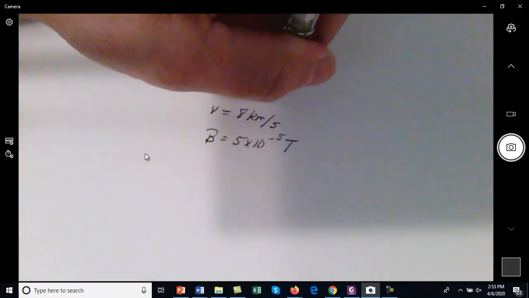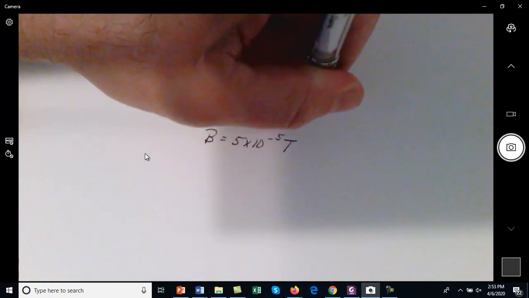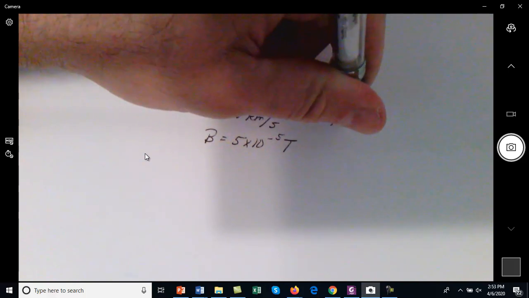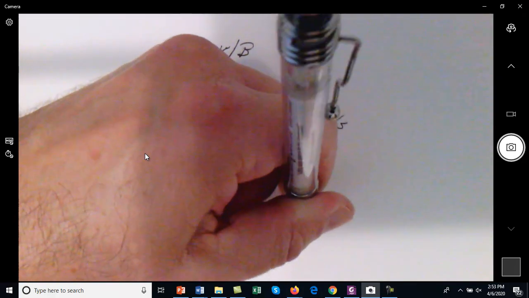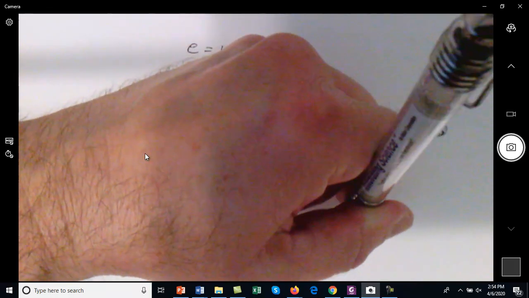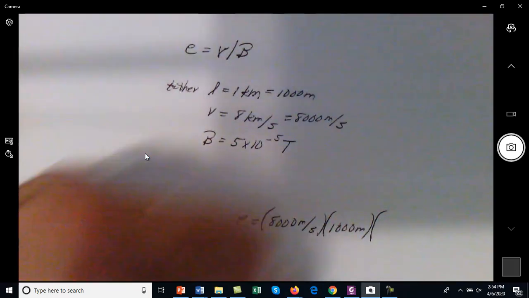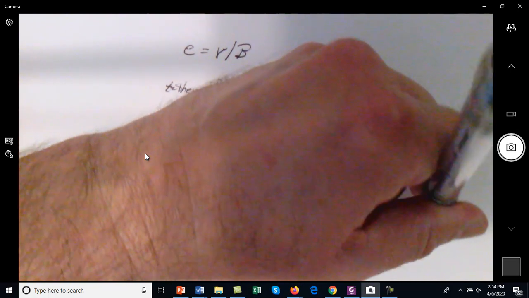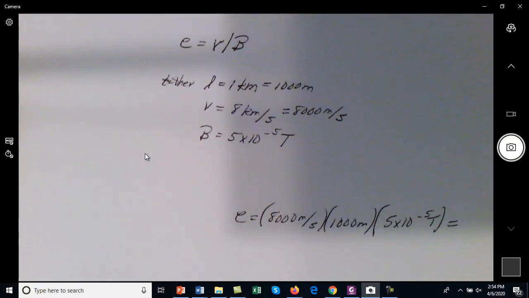We want to bear in mind that this is 1,000 meters, and this velocity is 8,000 meters per second. So then E is equal to 8,000 meters per second times L, 1,000 meters, and the magnetic field of the Earth is 5 times 10 to the negative 6 Tesla. That will give an answer in volts. Don't worry about the units at this particular point in time.